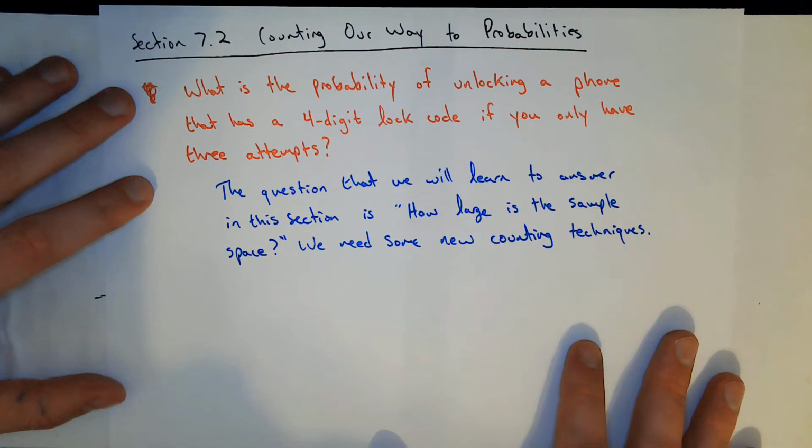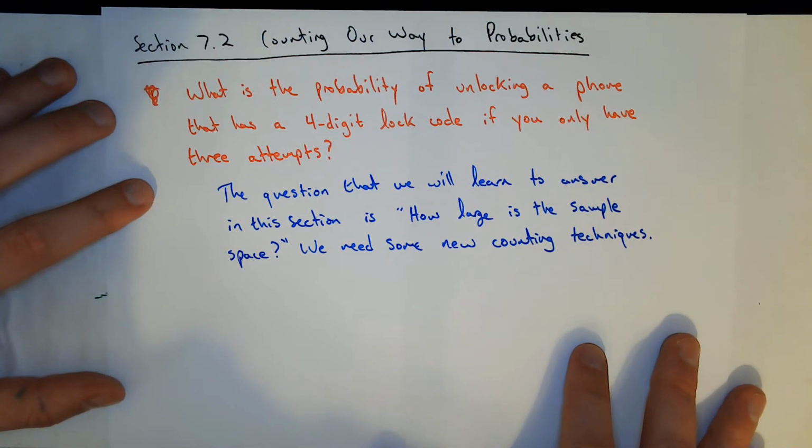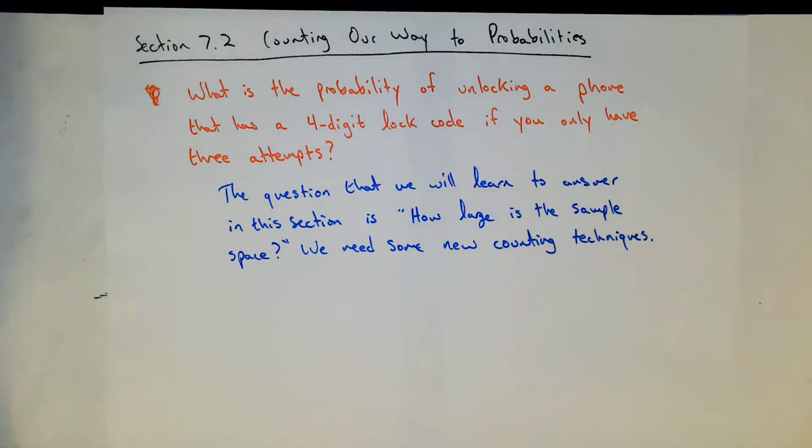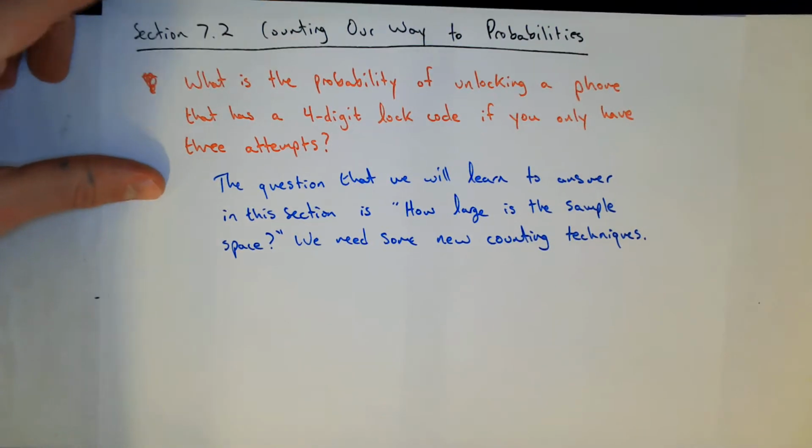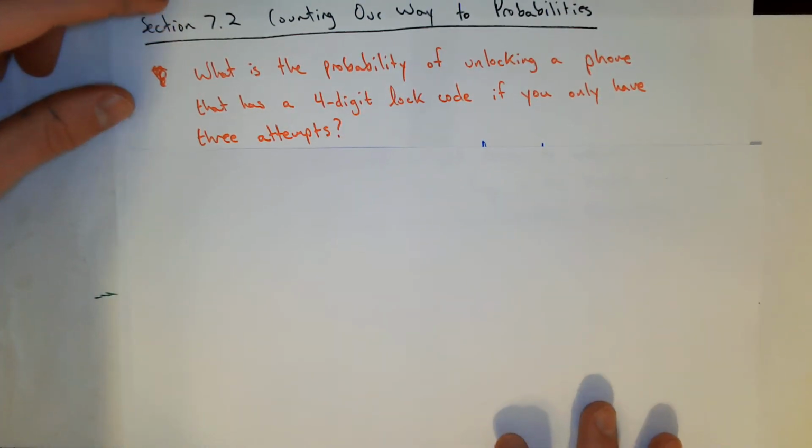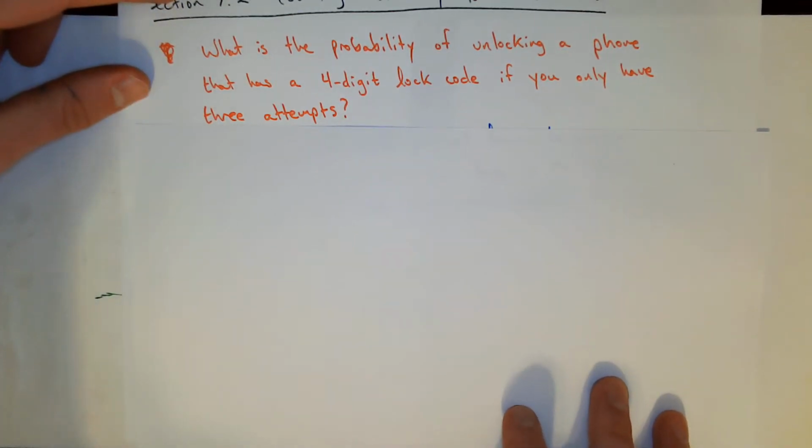Based off of this example, we will build a process that will allow us to find the sample space for other similar problems. All right, fresh piece of paper here. Let's think about that 4-digit lock code.